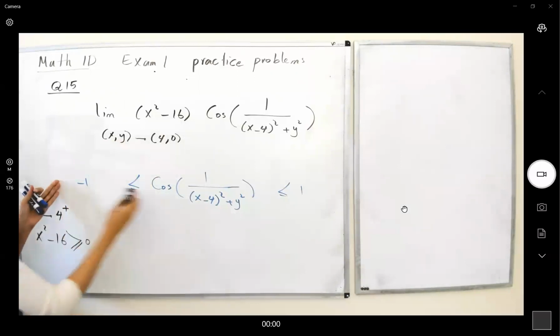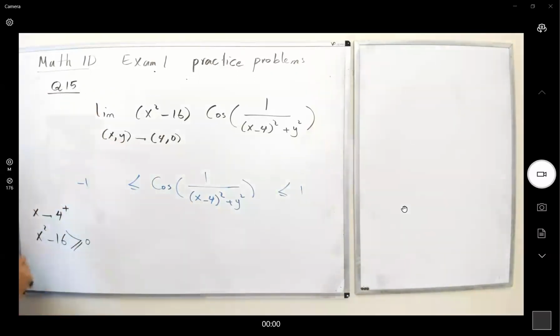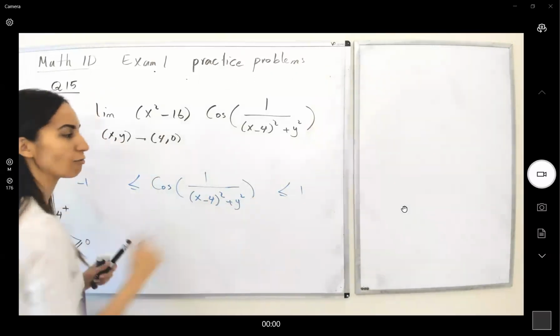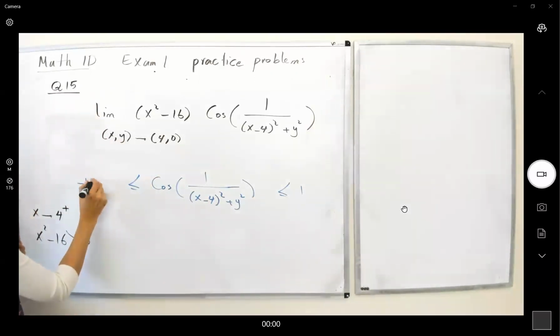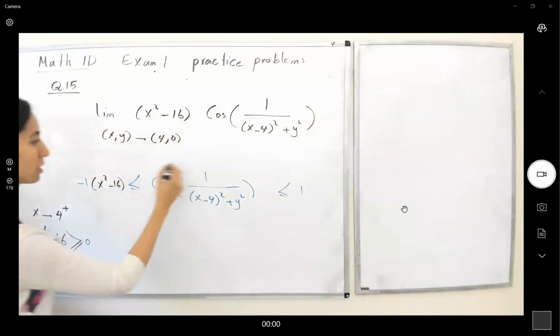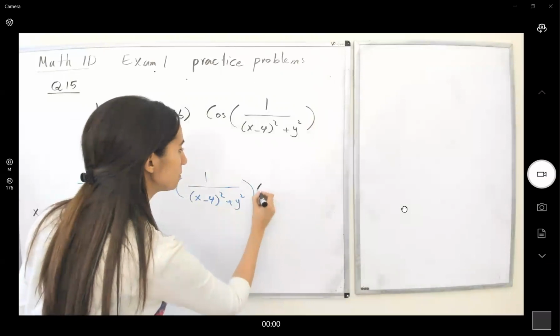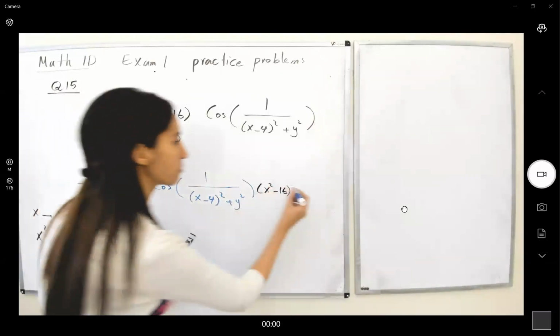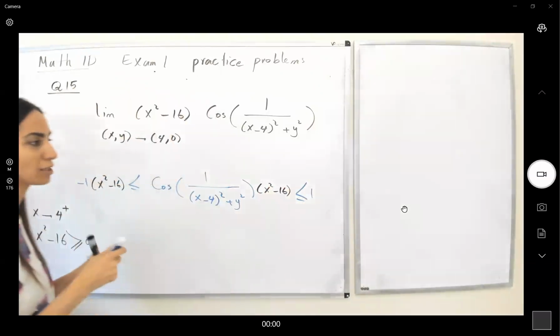So if I multiply all sides by this quantity, I don't see any change in the direction of my inequality. So I have -1 times x squared minus 16 less than or equal to 1 times x squared minus 16.